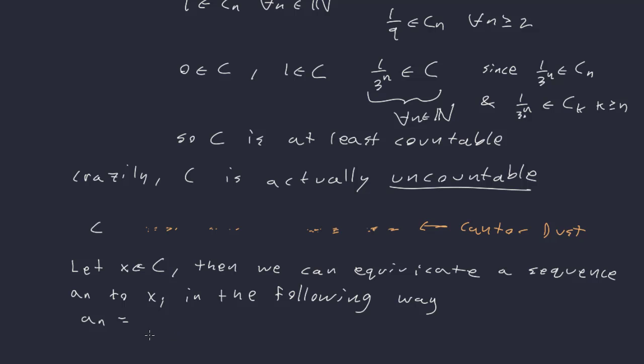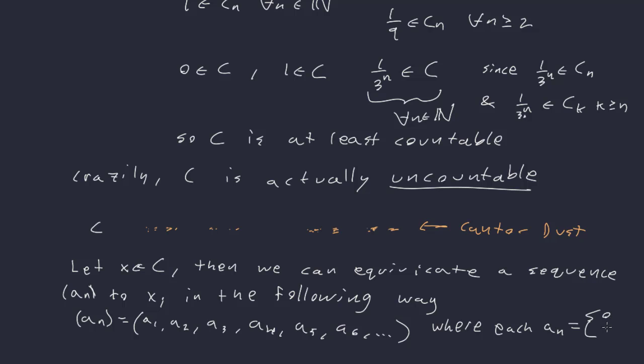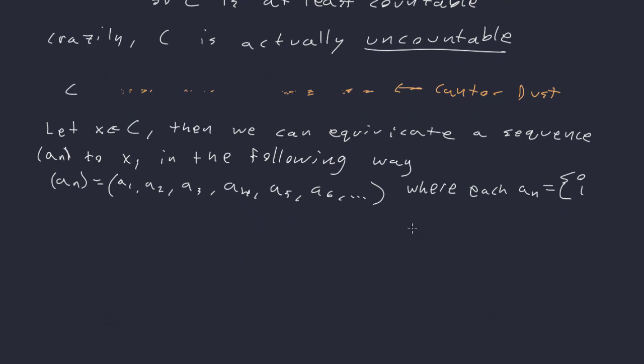It's a sequence a1, a2, a3, a4, a5, a6, etc., where each a sub n is either 0 or 1.